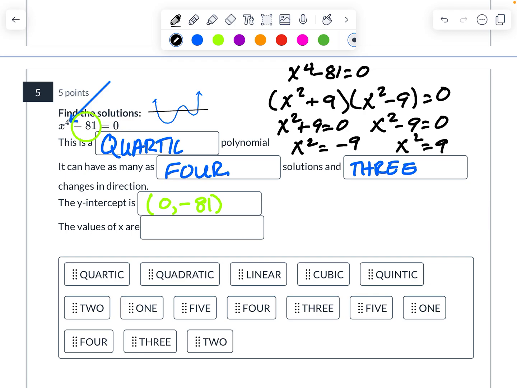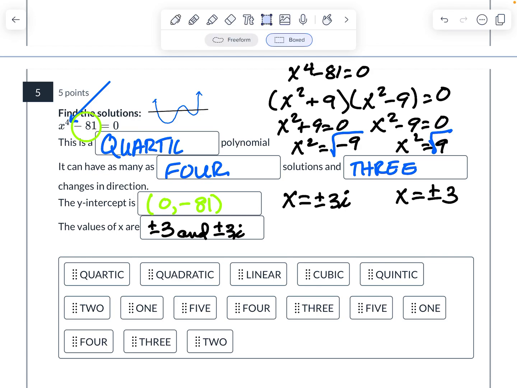If you put a square root around this negative number, you are going to get x equals a positive and a negative 3i. If you do the other one, you're going to get x equals a positive and a negative 3. So your answers are plus minus 3 and plus minus 3i.